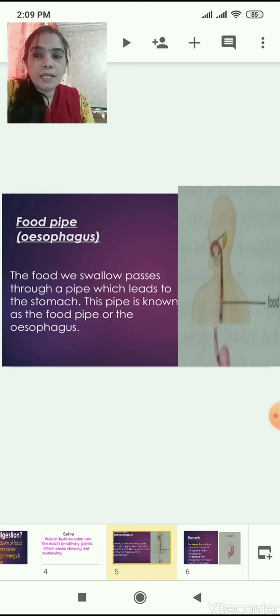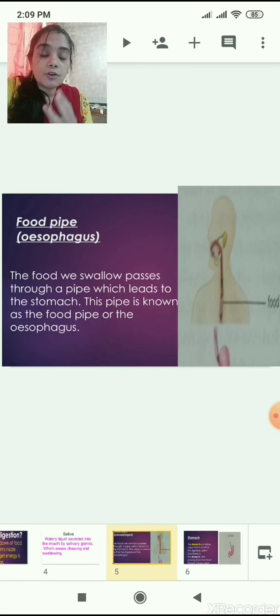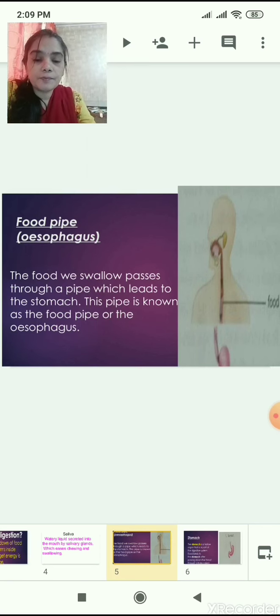Now our tongue helps to push the food into a thin long tube called the food pipe. So from the mouth, after we break the food into smaller particles, our food passes into the thin long pipe that is called the esophagus.